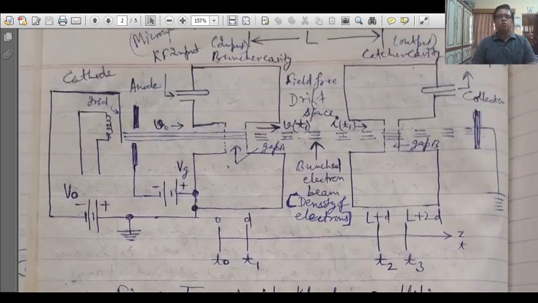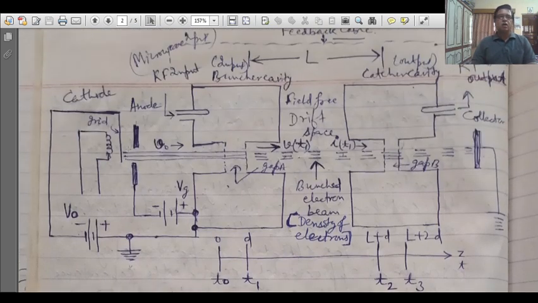Where velocity modulation happens, electrons are emitted and accelerated, so with high velocity they enter the buncher cavity, and after that they cross this space. Bunching of electrons or velocity modulation happens in the field free drift space.